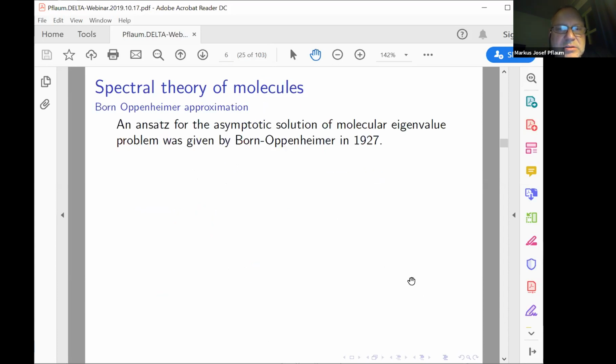Now two famous physicists, chemists, mathematicians, Max Born and Oppenheimer, in 1927 had the right idea what to do. The idea they had is to separate the electronic motion from the nuclear motion. The idea is that the nuclei move very slowly and the electrons very fast. The nuclei have big mass, the electrons have very small mass.